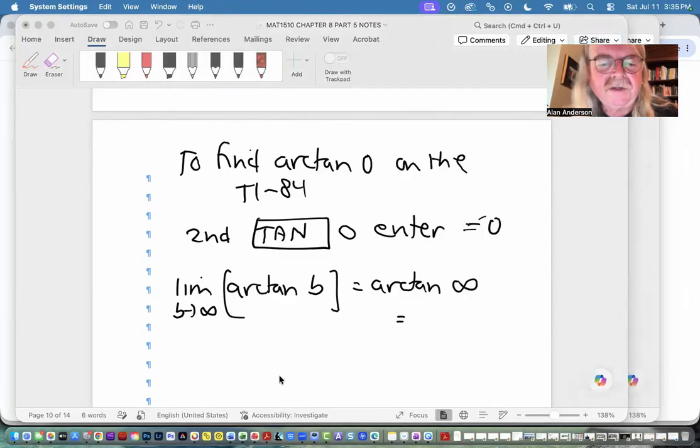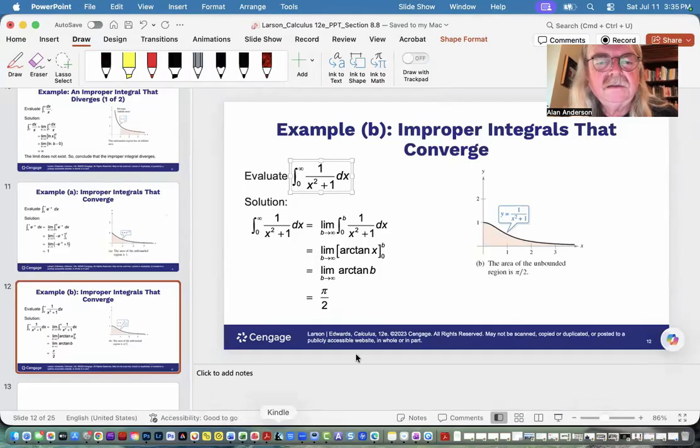So that should give us infinity. Well, no, it doesn't. It says here that it's pi over 2. That's interesting. Let me just check something out here. Oh, you know what? I think I know what happened here. The tangent of pi over 2 is undefined.